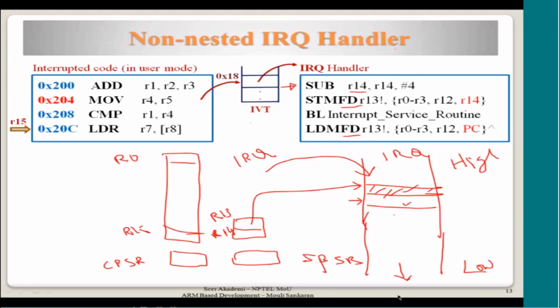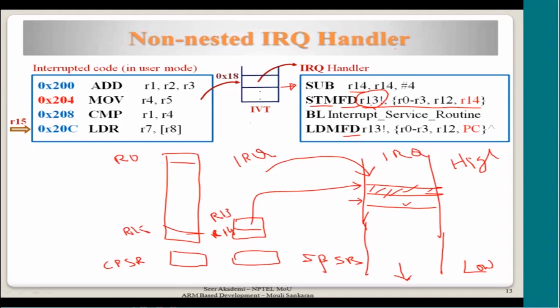Okay. Now let us see what we are trying to do here. This is the register list which is getting saved, because it is a store multiple, and this is the base register. It is very specifically mentioned, because in ARM state it is not assumed that R13 is the stack pointer, so you can have anything.